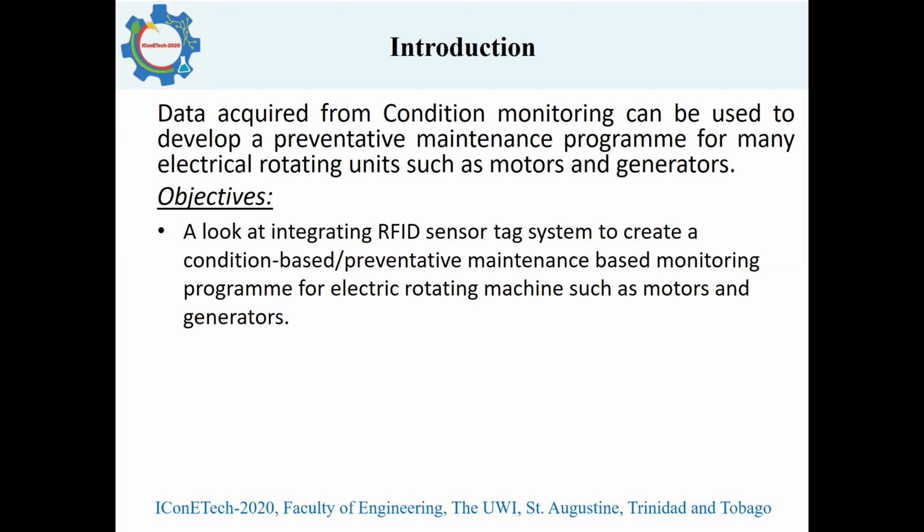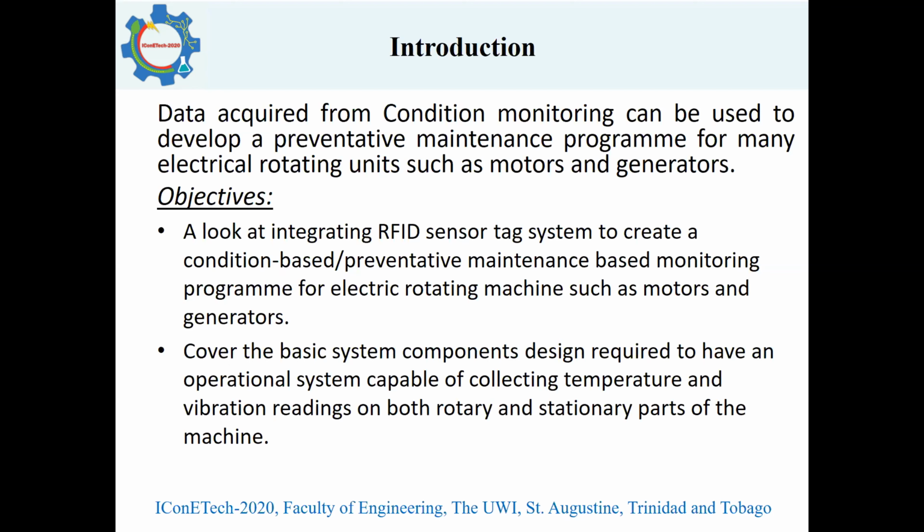So for our objectives today, we will look at integrating an RFID sensor tag system to create this type of monitoring program for electrical rotating machines and motors. We will cover the basic components of the system that you would require to have the system operating and capable of collecting temperature and vibration readings on both rotary and stationary parts of a machine.